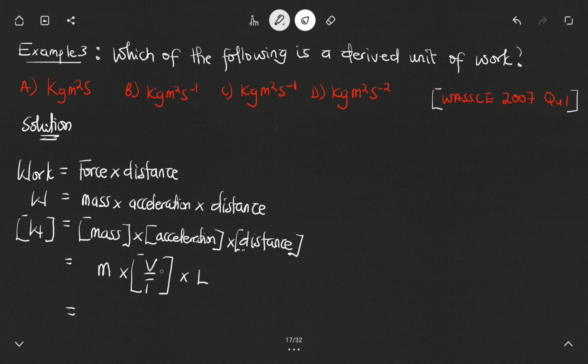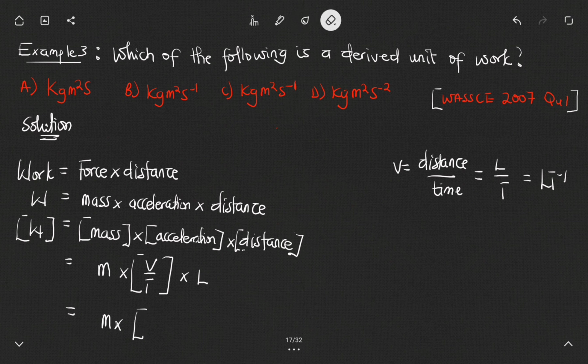As we saw in the previous example, velocity is distance over time. The distance is measured in l and the time is in t, so the dimension for velocity is l t minus 1. We use that in place of the v, so we have mass multiplied by l t minus 1 over t, multiplied by l again.